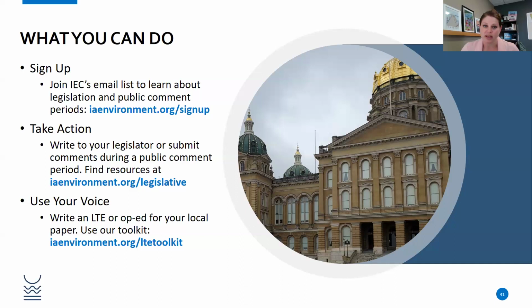We also have a toolkit available if you're interested in writing a letter to the editor or an op-ed for your local paper. So please check that out if you're interested in using your voice to raise up the information and the conversation about these topics.